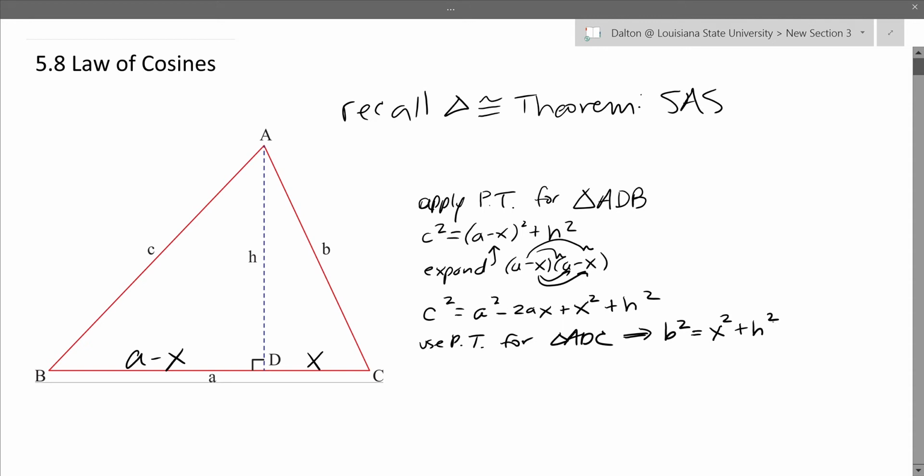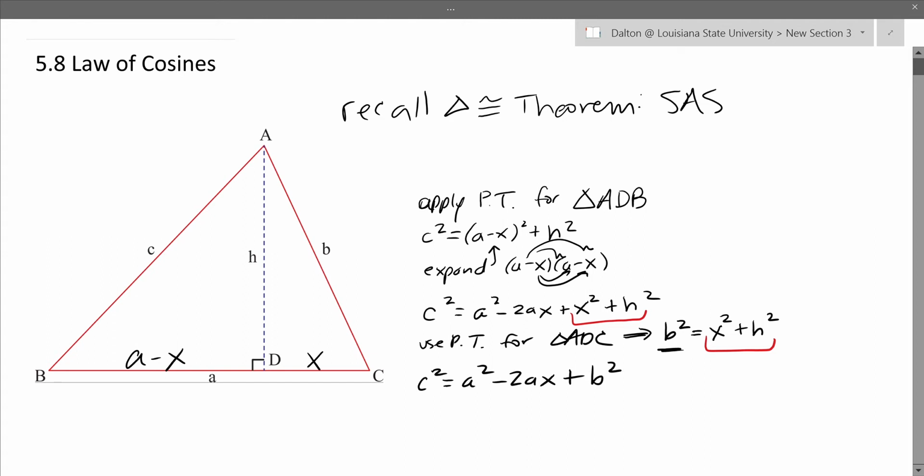Okay, so if that's x squared plus h squared, notice it is the same here as it is here, which means I can rewrite my next step to be c squared is equal to a squared minus 2ax plus, instead of x squared plus h squared, I already claimed that that is equal to b squared.